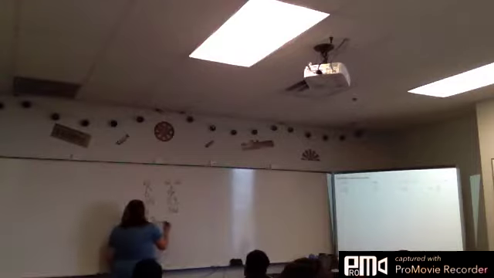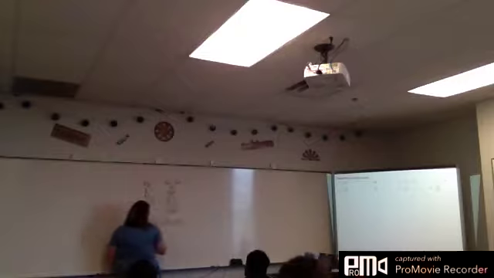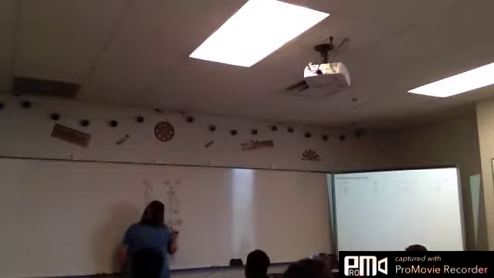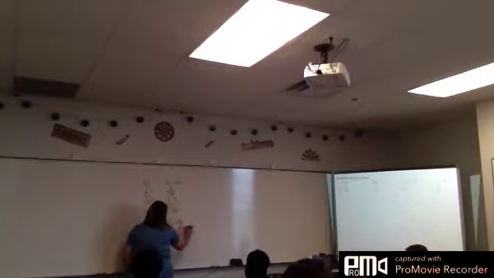Okay. The next one's radical 8 times radical 28. What do they break down into? You said 2 and 4, which is 2 and 2 also, yes? And what over here? 4 and 7, or 3 and 8, okay?